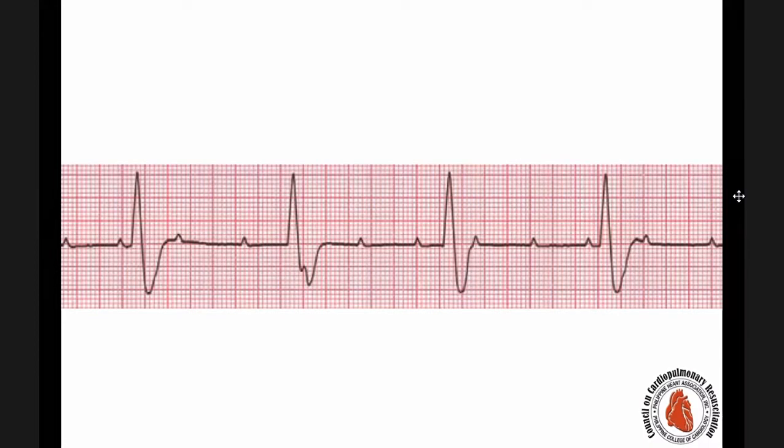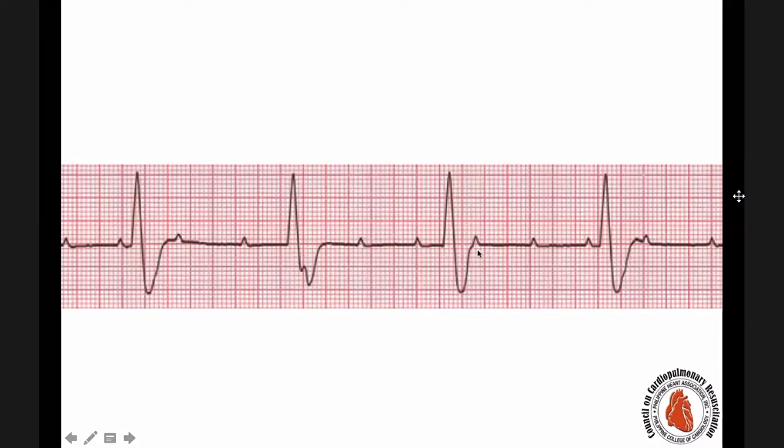So it will now give me a hint. Baka something is wrong. Not second degree AV block, not first degree AV block din siya because pwede tang first degree AV block, pero nag-iiba-iba kasi siya yung PR interval. So, not first degree AV block, not second degree AV block. So, let's look at the P waves if they are regularly occurring somewhere here. Merong P siguro dito.